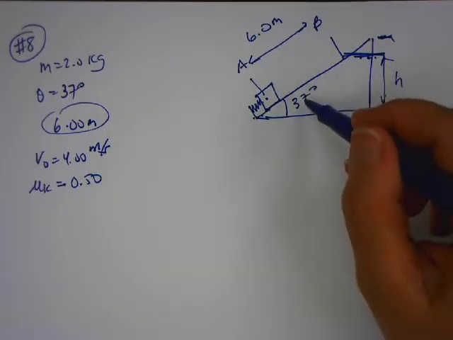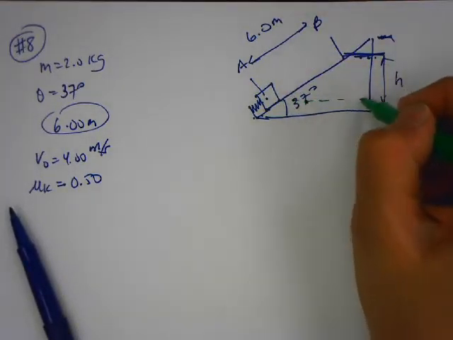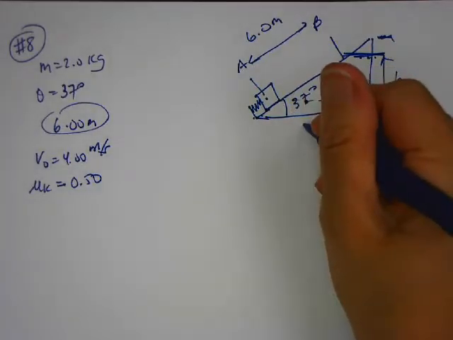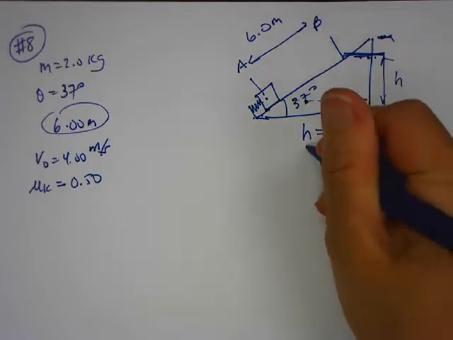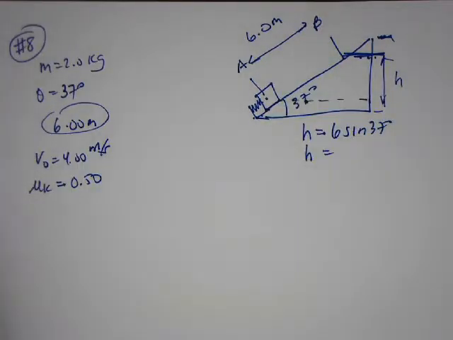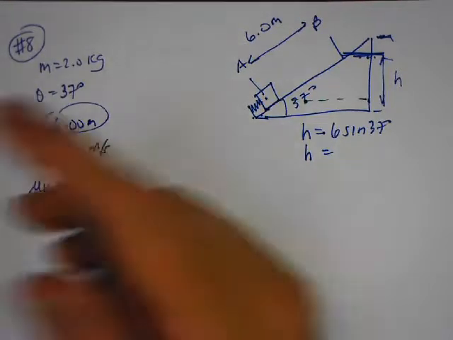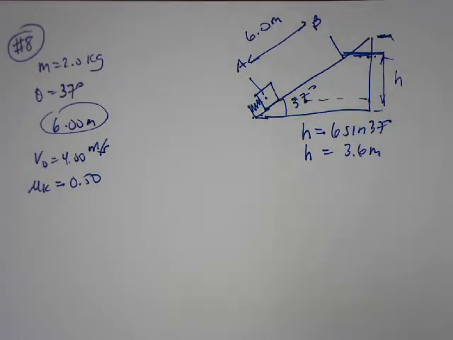So even though they gave me this 37 degrees, I know this is 6, so I can figure out what H is. So H is equal to 6 sine of 37. So H is equal to 3.6 meters. But I'm jumping ahead of myself.